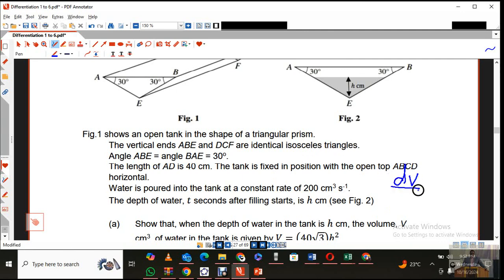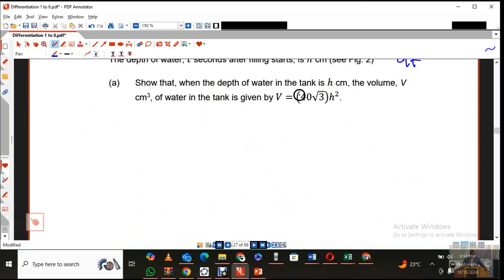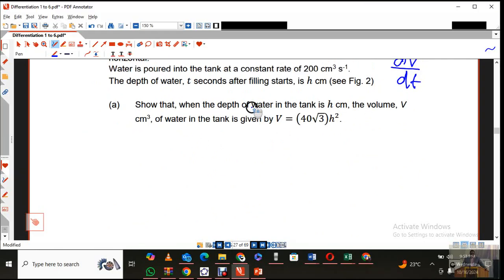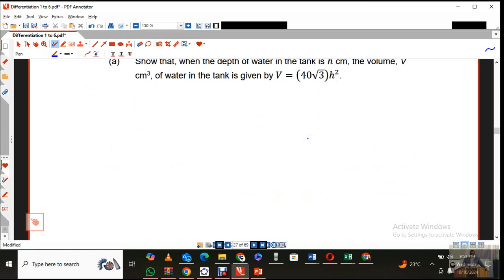This one here is dV dt. That's what it is, right? Then the depth of water t seconds after filling starts is 8 centimeters, you can see in the second figure. All right, we're supposed to show that when the depth of the water in the tank is 8 centimeters, the volume V cubic centimeters of the water in the tank is given by that formula, in terms of the root of 3.